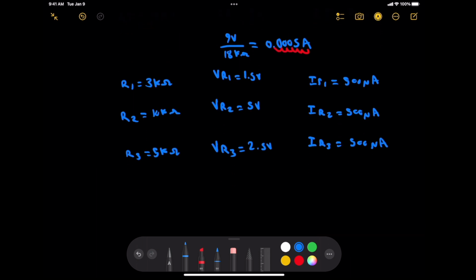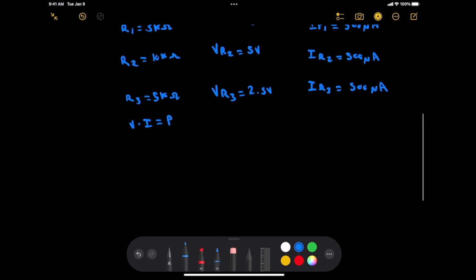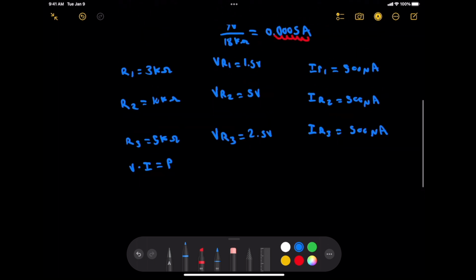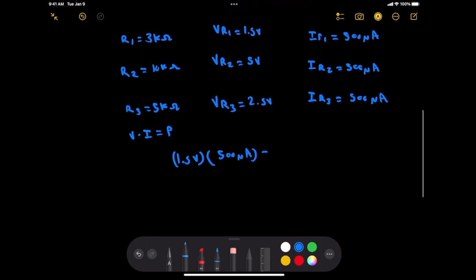So V times I equals P. Our voltage for resistor 1 is 1.5 volts, and we're multiplying that by 500 microamps, and that's going to be equal to our power.